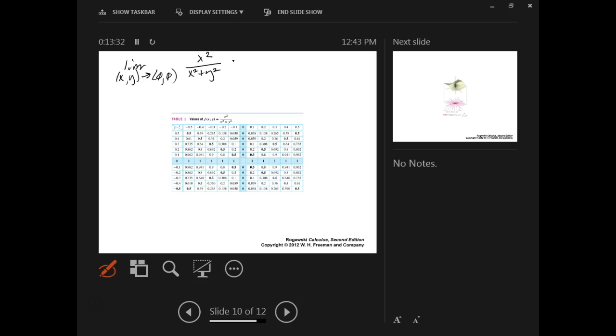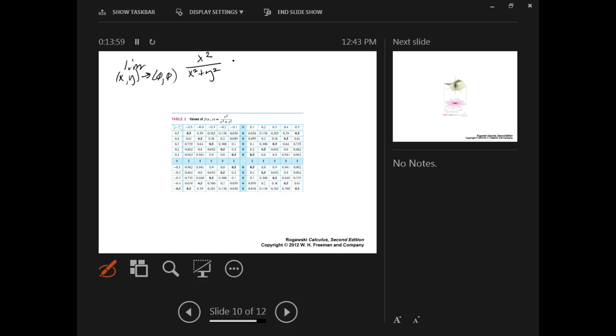X squared over x squared. 1. That's 1 coming in from the left and 1 coming in from the right. So from 2 directions, that seems like it's going to 1. Well, let's do another. Let's let x approach 0, in other words, come in along the y-axis, where x is equal to 0. And what do you have then?